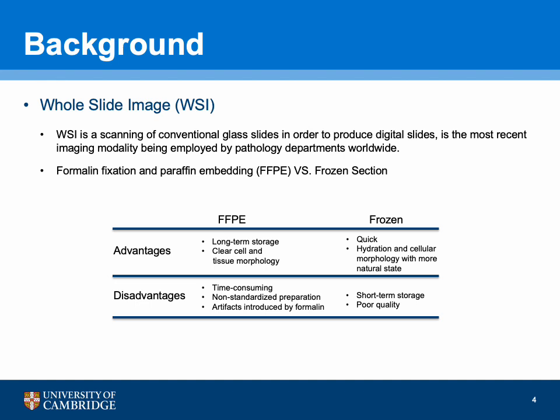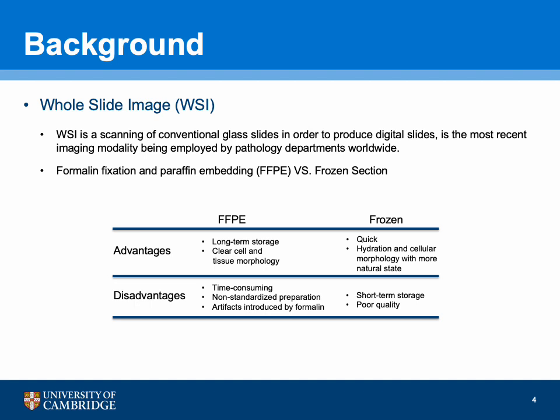WSI is a kind of scanning of conventional glass slides in order to produce digital slides. WSI can also be divided into 2 sorts. FFPE, which is made with formalin, allows long-term storage and provides clear cell and tissue morphology, but it's quite time-consuming and different centers may use different preparation.